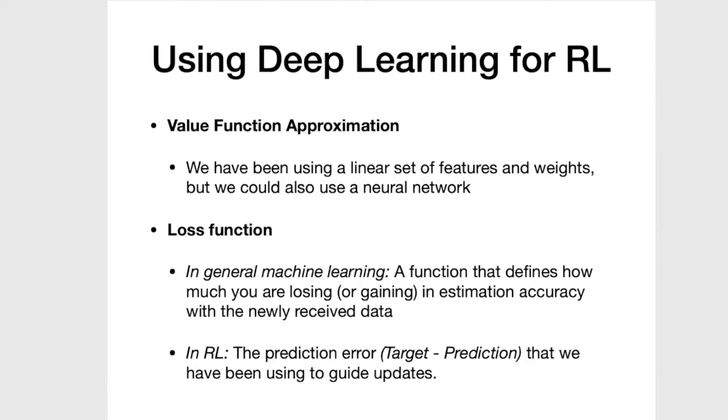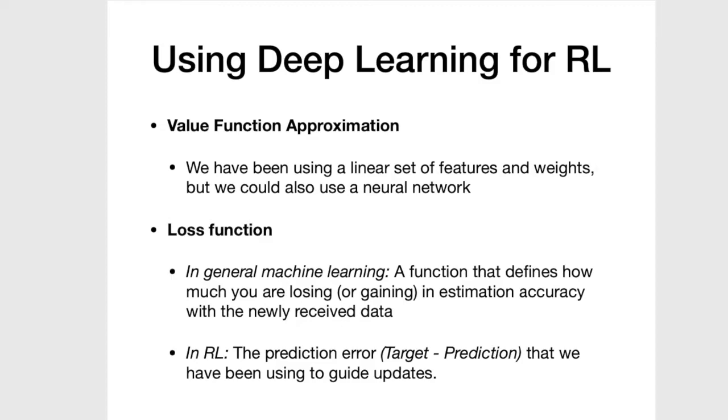The main idea, then, is using neural networks to basically perform value function approximation and policy function approximation, so that we can use this powerful computational structure and algorithm to perform learning for planning.